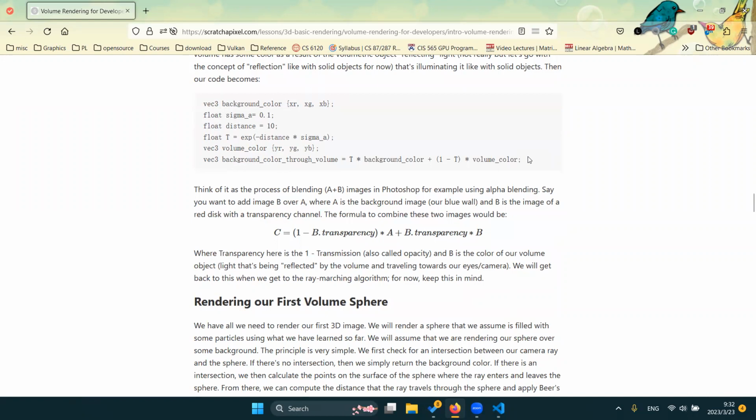Sorry, what? The plus there between the background color and the volume color, that would add to the light, right? Add both lights together. Yep. This is also kind of hand wavy too. I mean, it even says that above, that the reflection is not really what's happening, but let's just keep going with it for the sake of it.